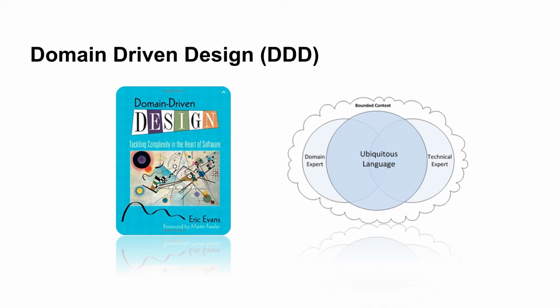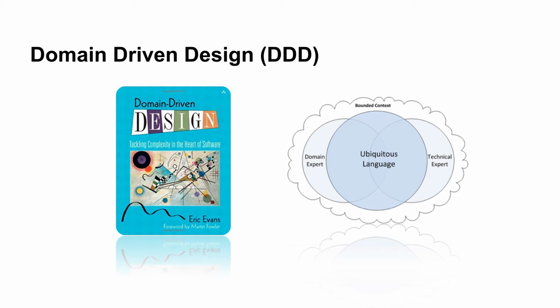So it's not really something new, but it's been around for a long time, and had a little revival in the last couple of years with microservices and event-driven architecture, where it fits very well. And one of the main concepts in domain-driven design is the ubiquitous language.